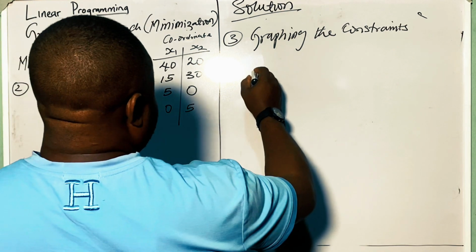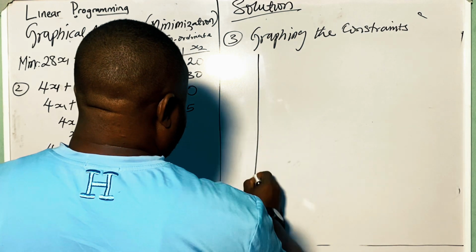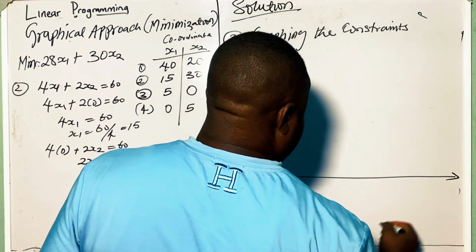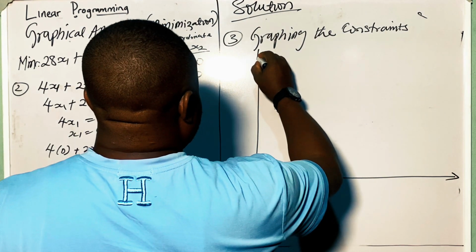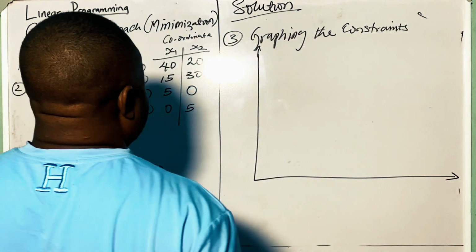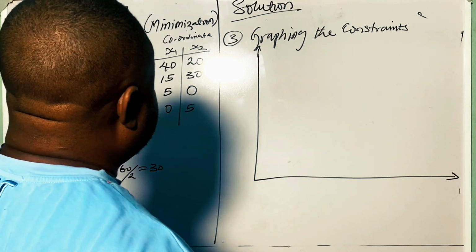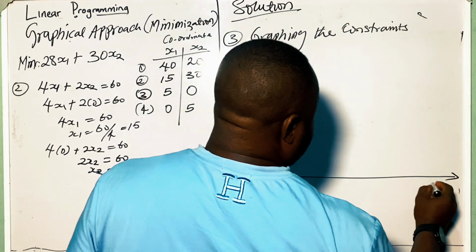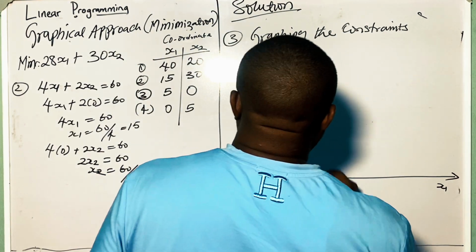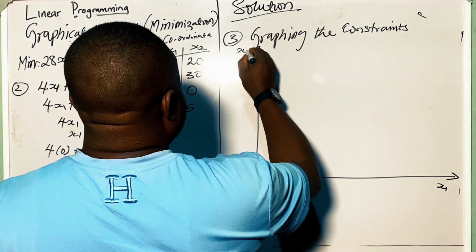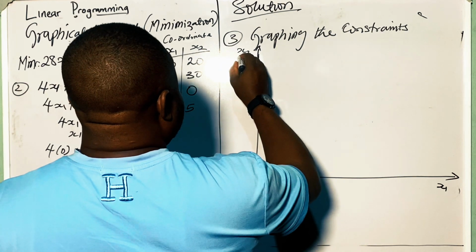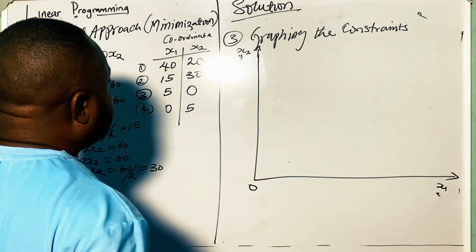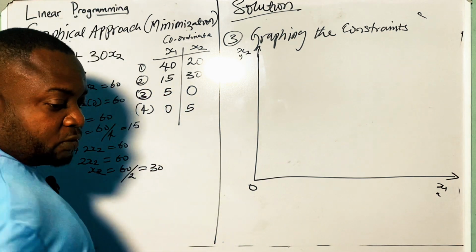So let me have one centimeter to represent 5 units. This is my 0 point. This is of course my x1, which is my x2. So that's y. This is also my x.